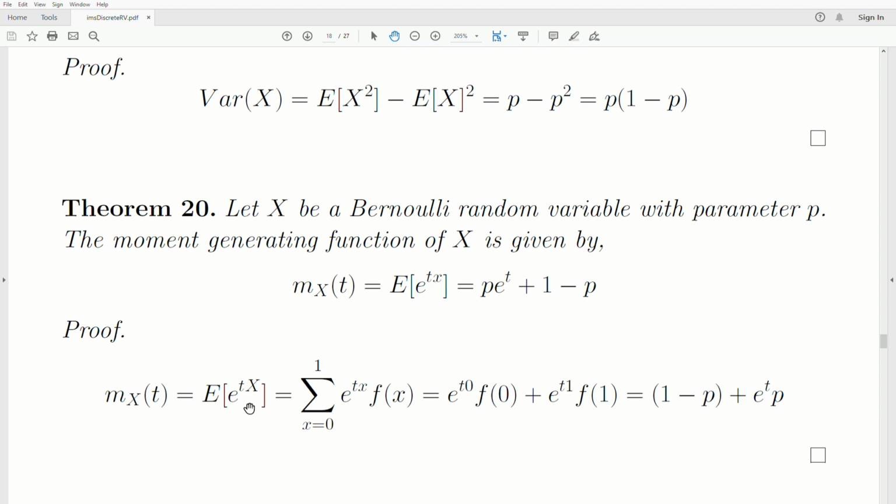And so that says take e to the tx times its density summed over all possible values. So you plug in 0 everywhere, plus you plug in 1 everywhere. E to the t0 is just 1. F of 0 is 1 minus p. E to the t1 is e to the t. F of 1 is p. Well, that's what we wanted to show.